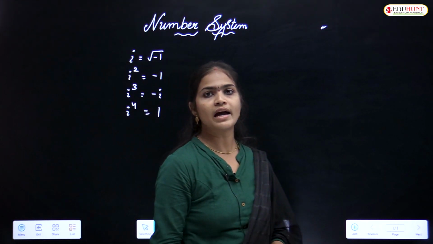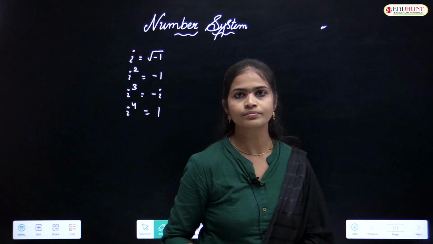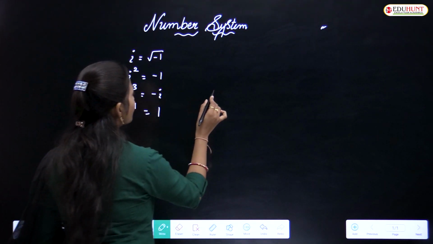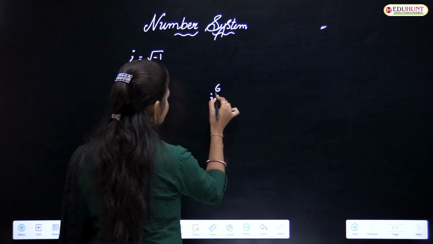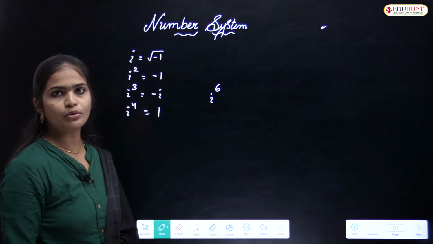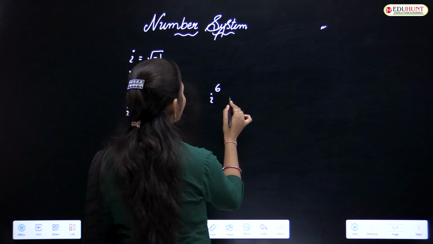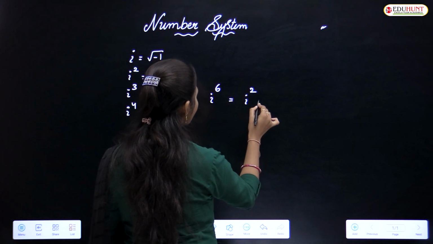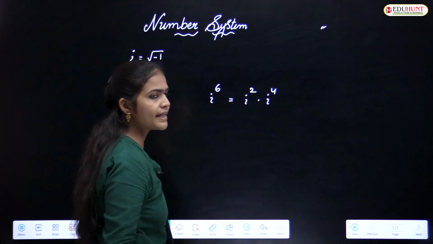If you know these 4 values, then you can find any value. Just see here, I am going to take i power 6. I want to find the value of i power 6. So how can I write i power 6? i square into i power 4. Shall I write like that? Why?